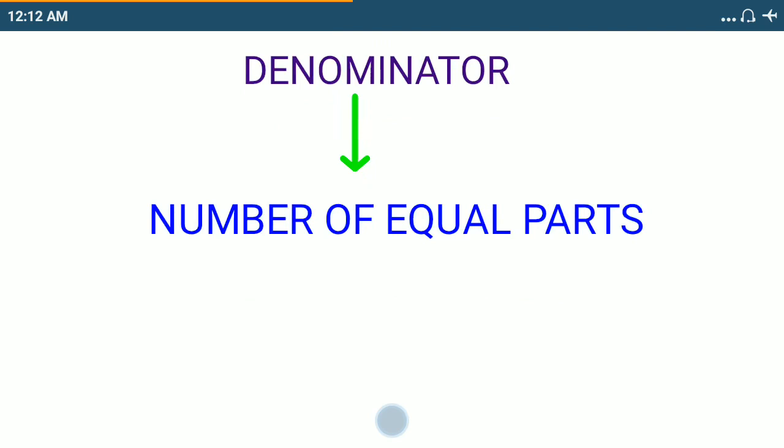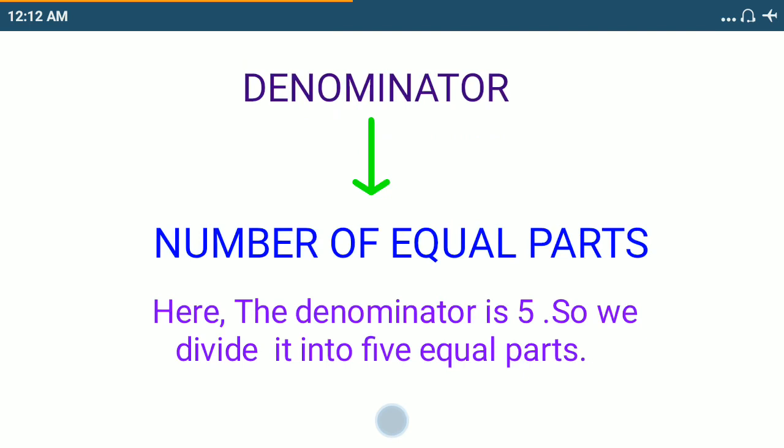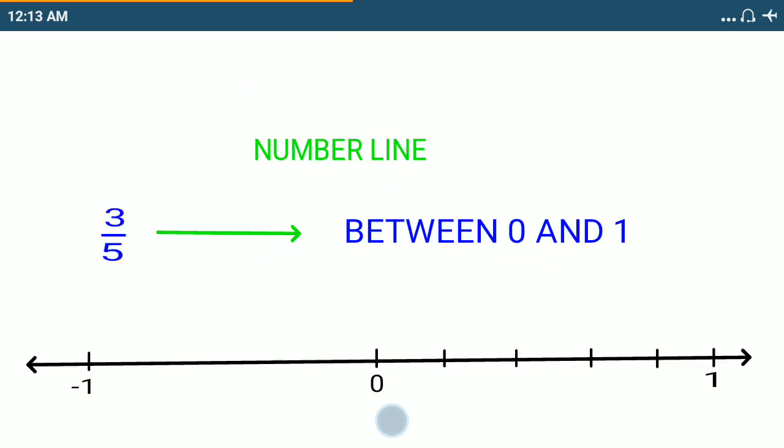Here the denominator is 5, so we divide it into 5 equal parts. For this, draw 4 lines which divide this region into 5 equal parts.